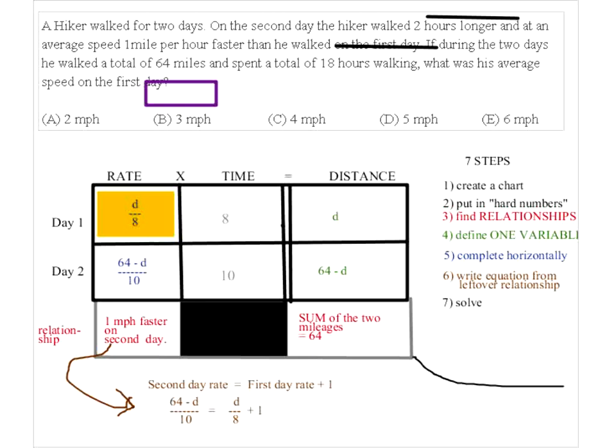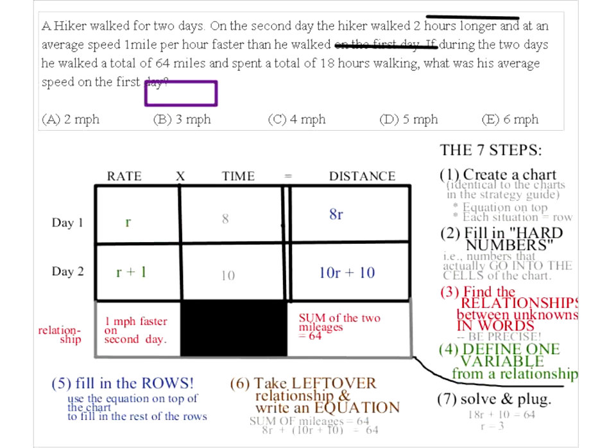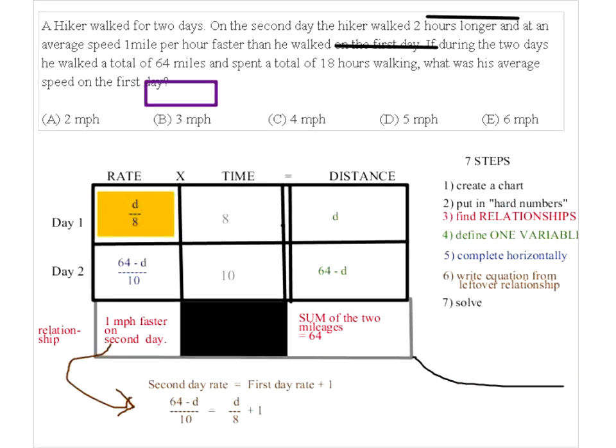I mean, if this would work on every single problem you ever came across, then I wouldn't bother showing you the other way to do it. So no, because in some cases you're going to have to divide. In some cases you'll have hard numbers for distance. So if you have hard numbers in here, then you're stuck with defining variables in these two boxes, and you're going to have to divide. So that can totally happen. It doesn't happen in this problem, but it's very possible.